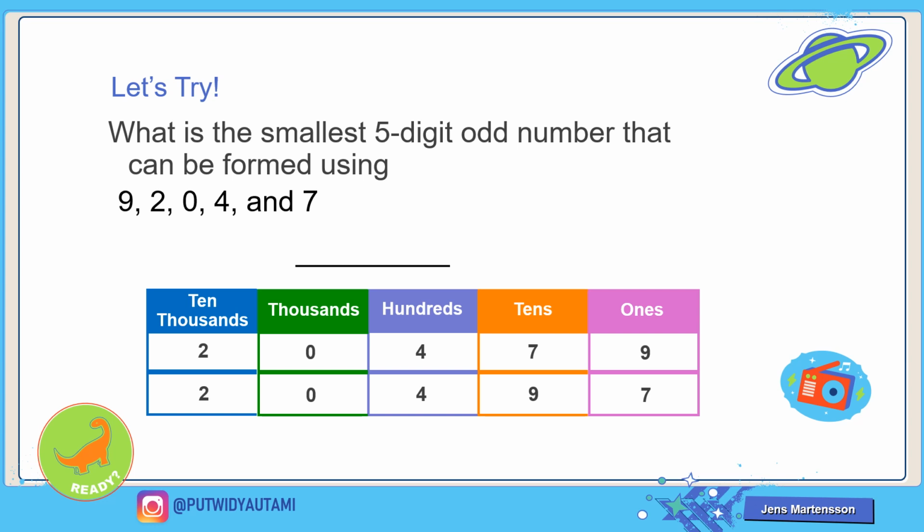Yeah, 7 tens is smaller than 9 tens. So the answer is 20,479. Yeah, that is the smallest 5-digit odd number that can be formed using the numbers. Easy, isn't it?